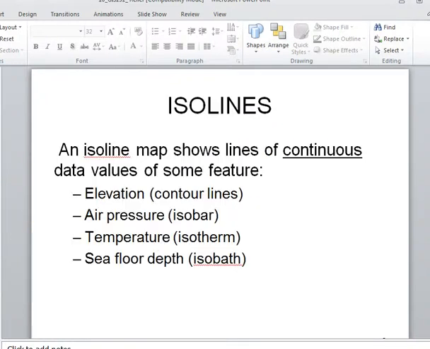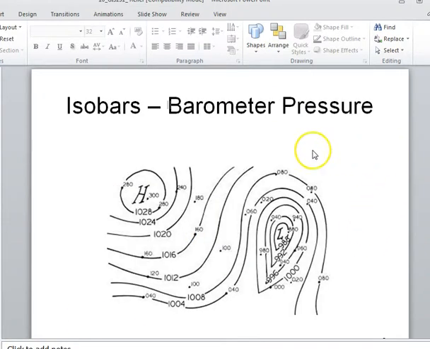Air pressure is the same idea. So I've got a high pressure isobar, and supposedly anywhere along that line the pressure would be the same. Okay, so we use that same concept with topographic maps.